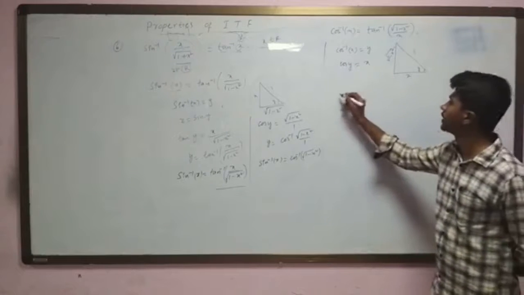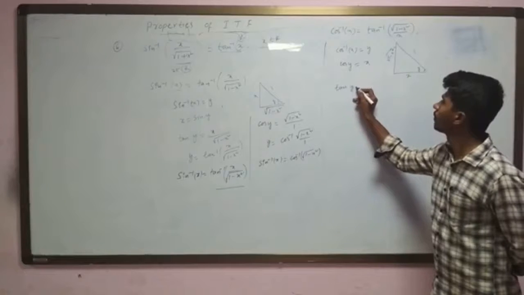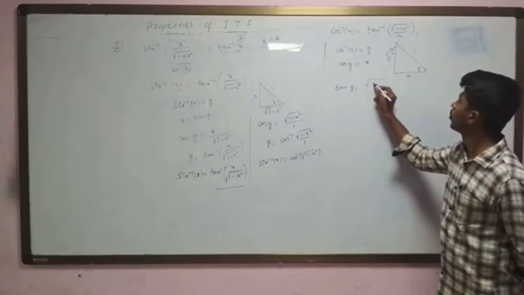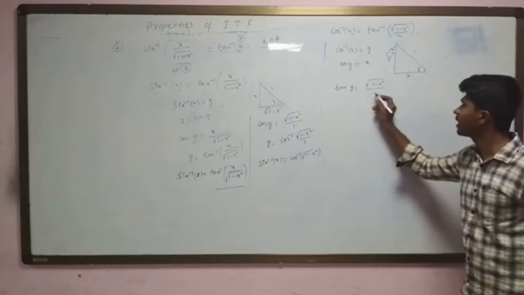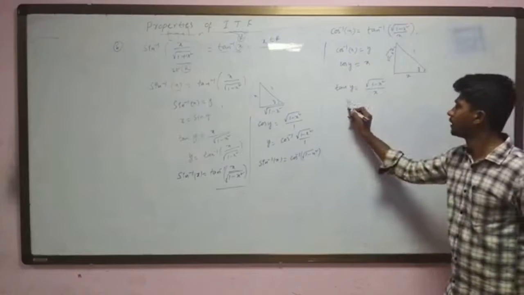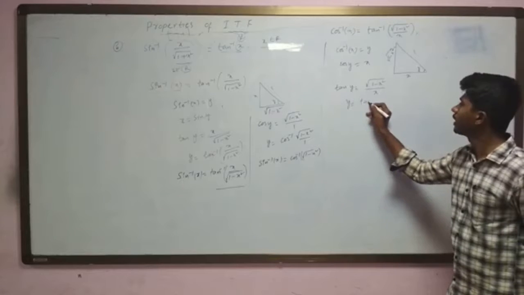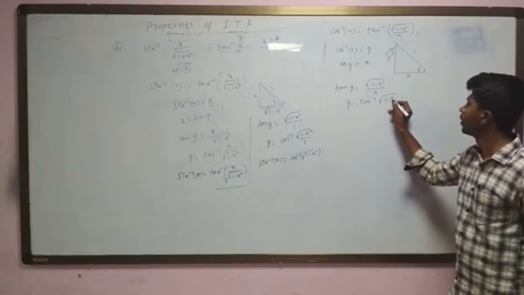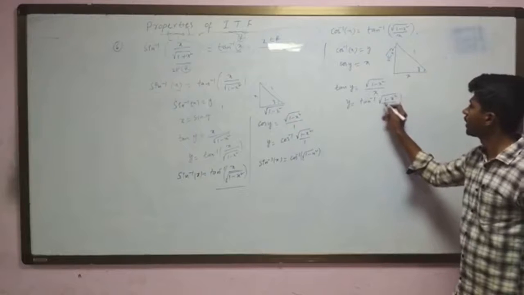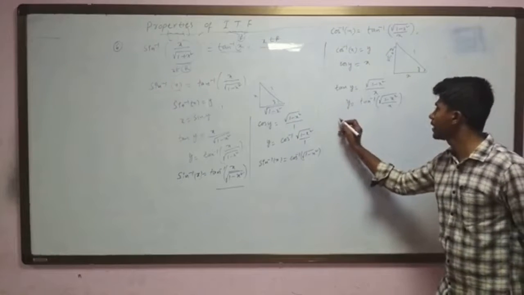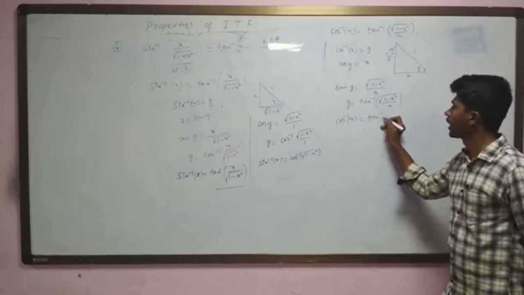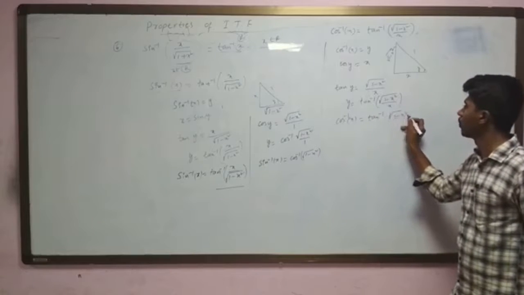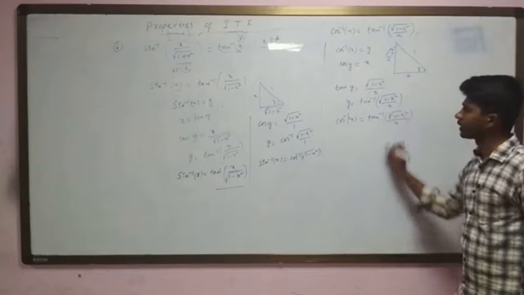Therefore, I can write tan y is equal to root over 1 minus x square by x. So y is equal to tan inverse root over 1 minus x square by x. Y can be replaced as cos inverse x, which is equal to tan inverse of root of 1 minus x square by x.